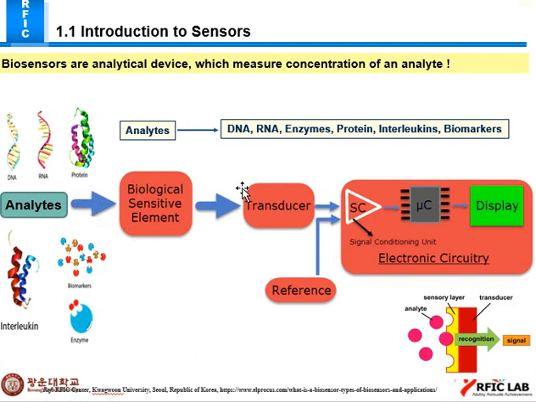application as a biologically sensitive element, and this is a transducer. A transducer can be a different part, like an impedance analyzer in electrical detection or any other device, and this is an electronic circuit using some logic gates and chip, and here is a display part which is used as the output of measurement data.